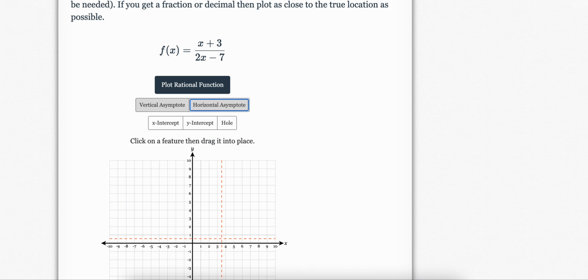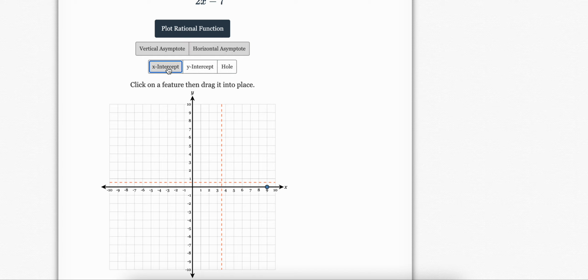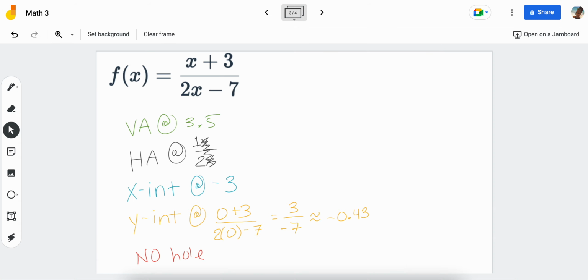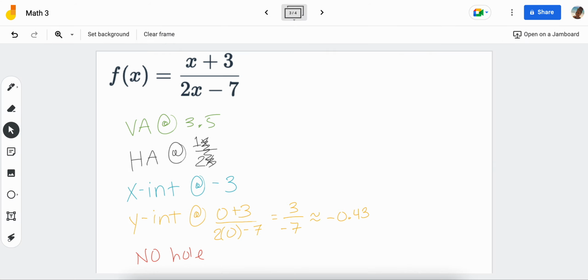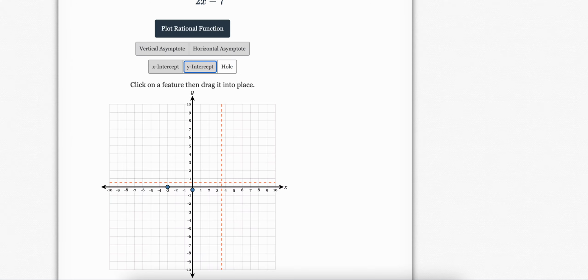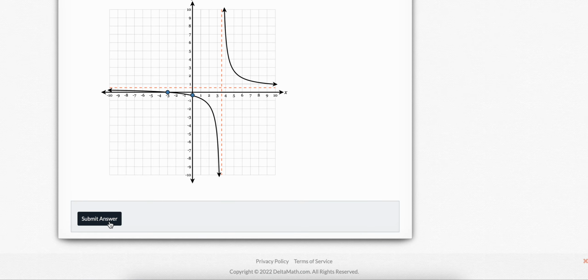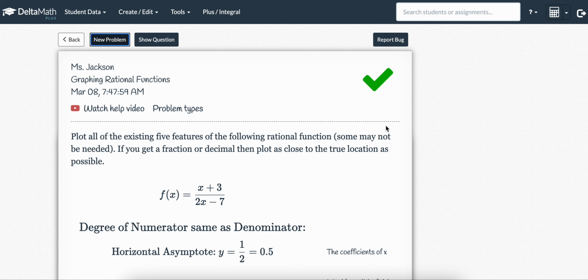An x-intercept at -3. A y-intercept at approximately -0.43. So about right there, a little less than -1/2. Okay, we don't have to be perfect. There we go. And then no hole. All right, so let's plot our rational function, cross our fingers, submit our answer, and boom.